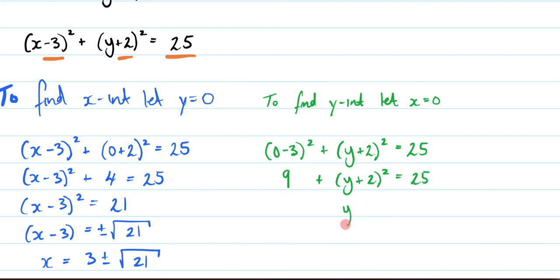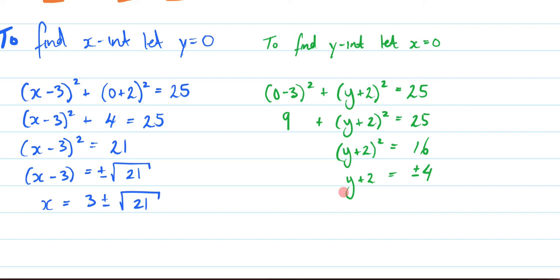I will minus 9 from both sides, and this will be 16. I will then square root both sides to get plus or minus 4. I will then minus 2 from both sides to get minus 2 plus or minus 4. That means I'm going to get y equals minus 2 minus 4 and y equals minus 2 plus 4.